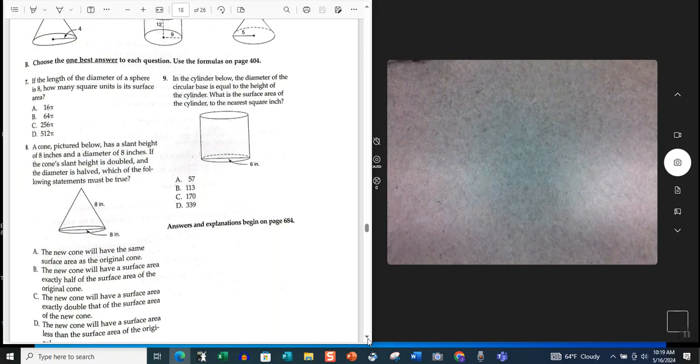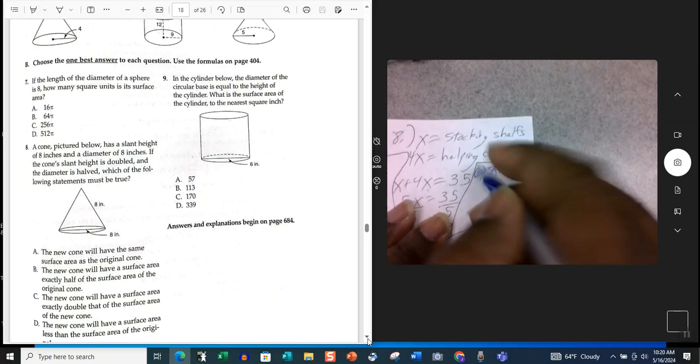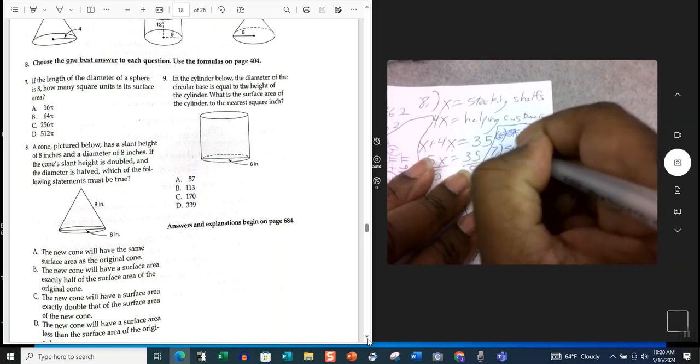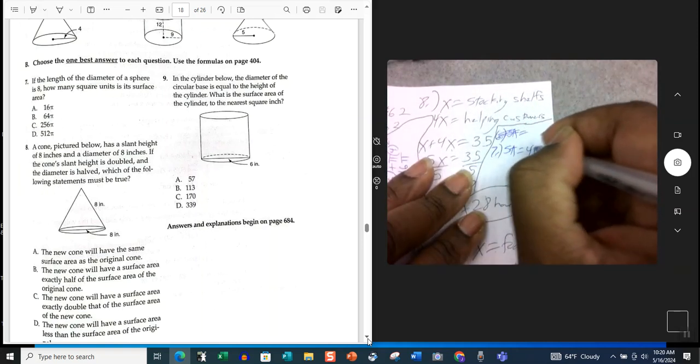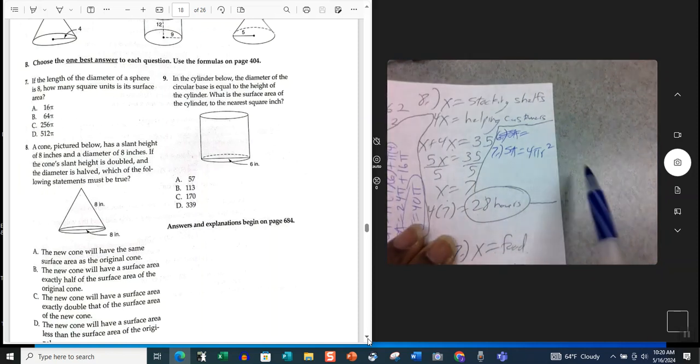Now, we see here for number 7, it says if the length of the diameter of a sphere is 8, how many square units is its surface area? Okay, so they tell us the length of the diameter. Now remember, the sphere's equation is 4 pi radius squared. So for number 7, we're going to write down surface area is 4 pi radius squared.